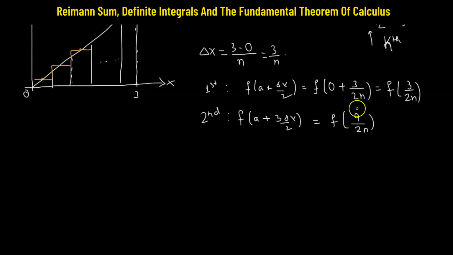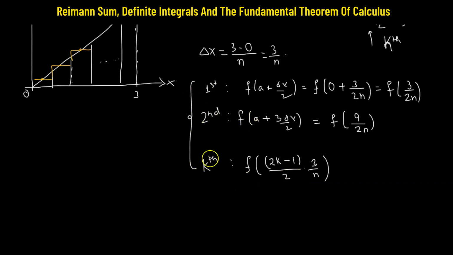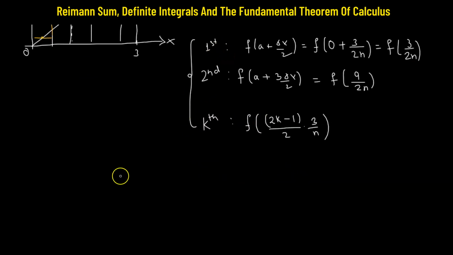So if we continue, then the kth rectangle will be f of 2k minus 1 over 2 times delta x. So our delta x will be 3 over n. So this is going to be the height of our kth rectangle. So what we'll do is sum all of them by multiplying each of them with the width delta x.